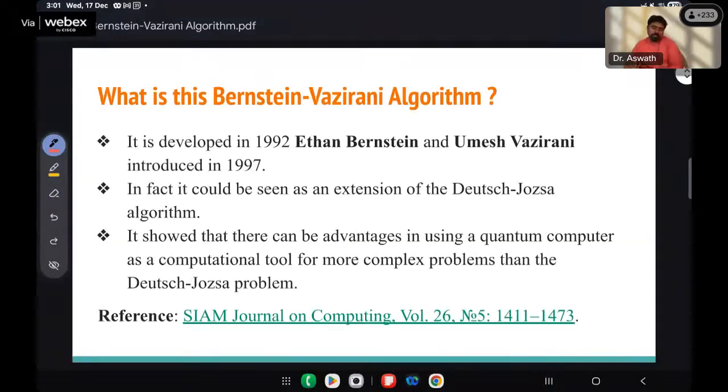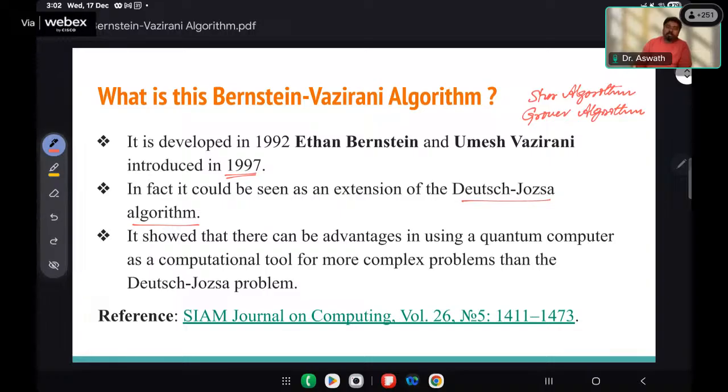So it was developed in 1992 and introduced in 1997, somewhere very close to the time Shor's algorithm and Grover's algorithms were introduced. In fact, it could be seen as an extension of Deutsch-Jozsa algorithm.